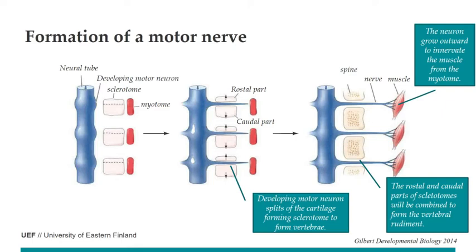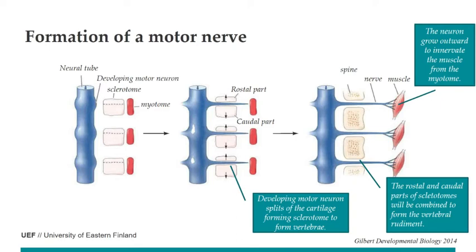That makes sense: between each vertebral rudiment, we will have these motor neurons going to certain muscles. This also means that these sclerotomes are split in two, and they form these rudiments with the caudal and rostral parts between these motor neurons. That makes the vertebrae a little bit more flexible.